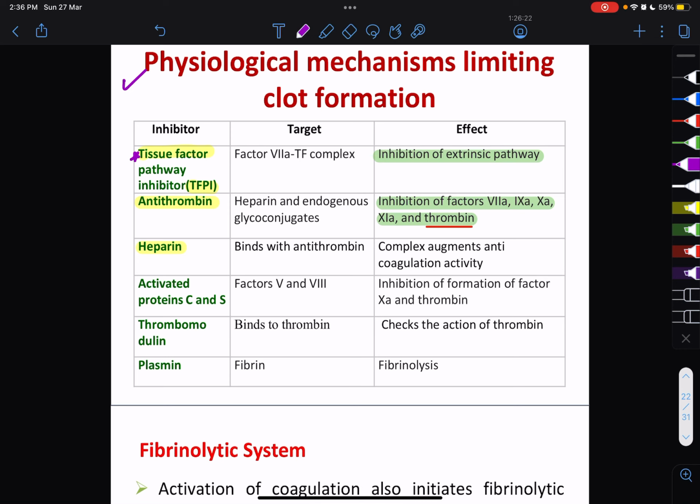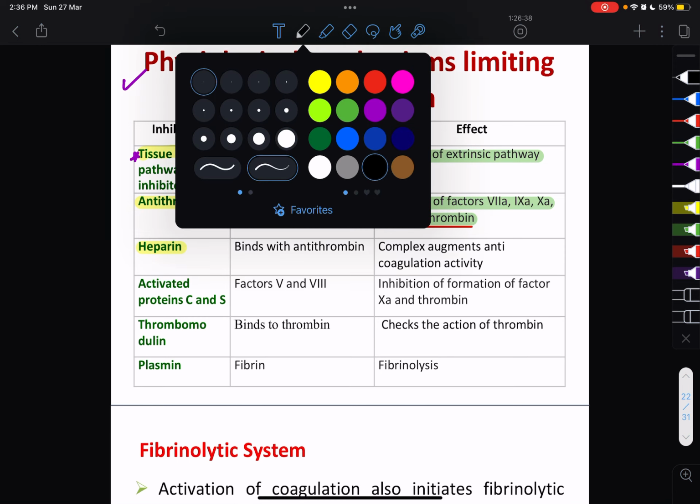So once it has done the job, once it is over, you have to stop this complex. So this inhibitor will go and control this factor complex. You got my point?